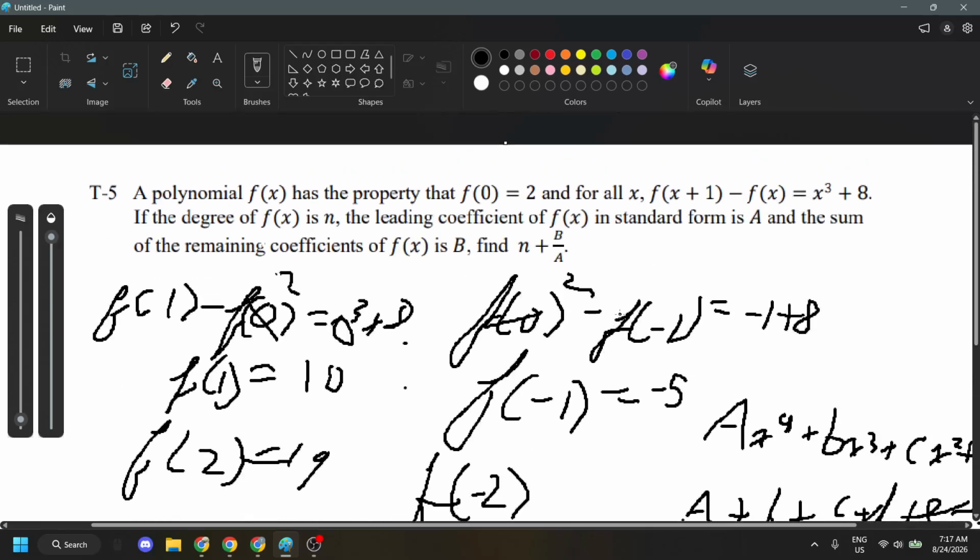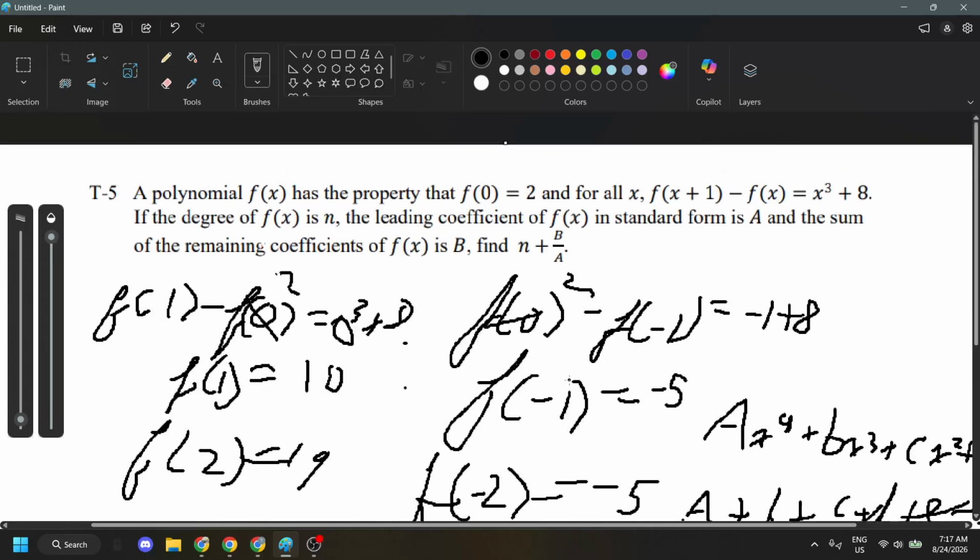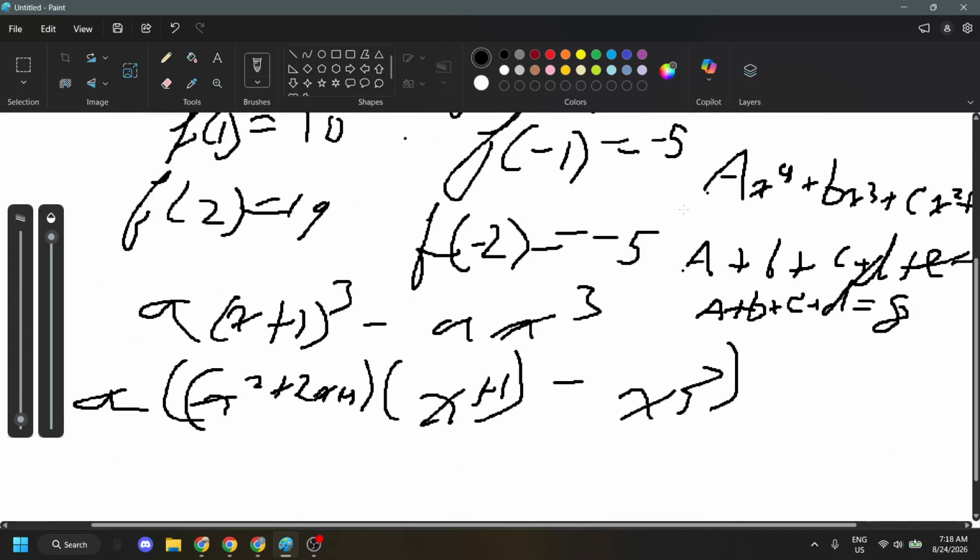F of negative 2 is going to be negative 5 minus this, this is going to be 0. Add 5, we get 5. Same thing here, we have negative 5 minus f of negative 3. So that would be negative 27 plus 8, which is negative 19. Add 5, we get negative 14, make it negative is 14.